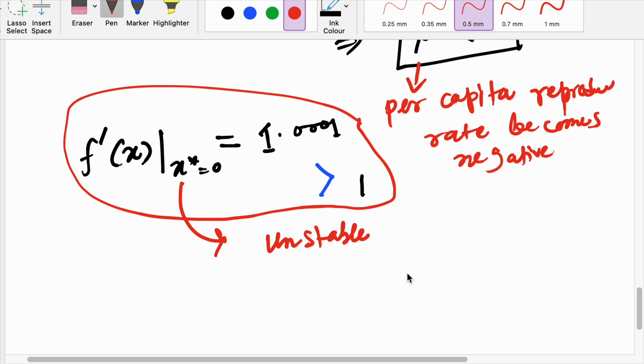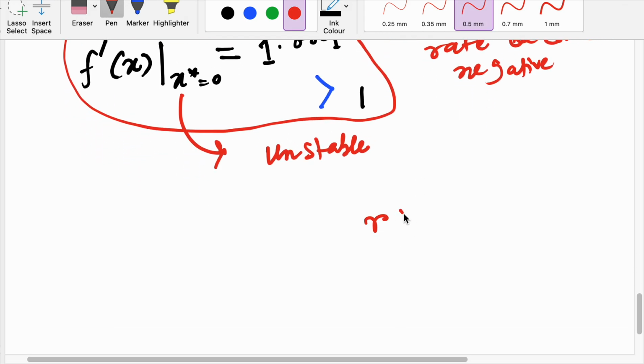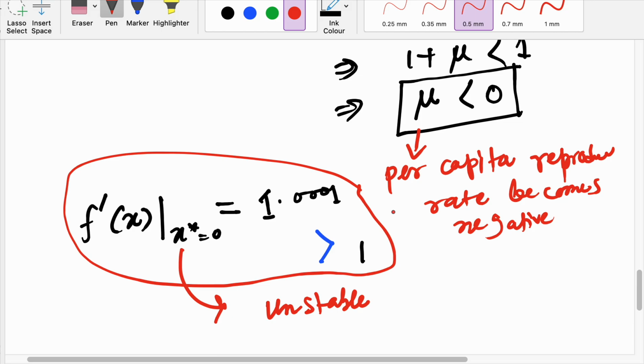When I increase r and it reaches 1, and then goes just after r equal to 1, the extinction fixed point x star equal to 0 becomes unstable, meaning the system will never hit extinction. Whether the system goes extinct or not depends on r.